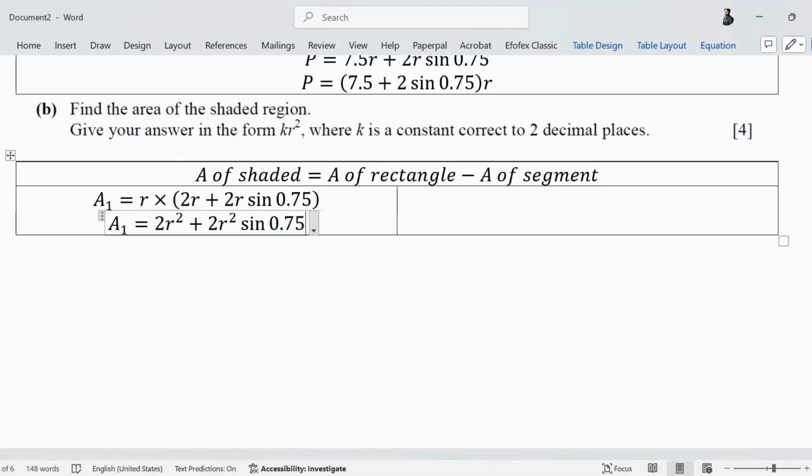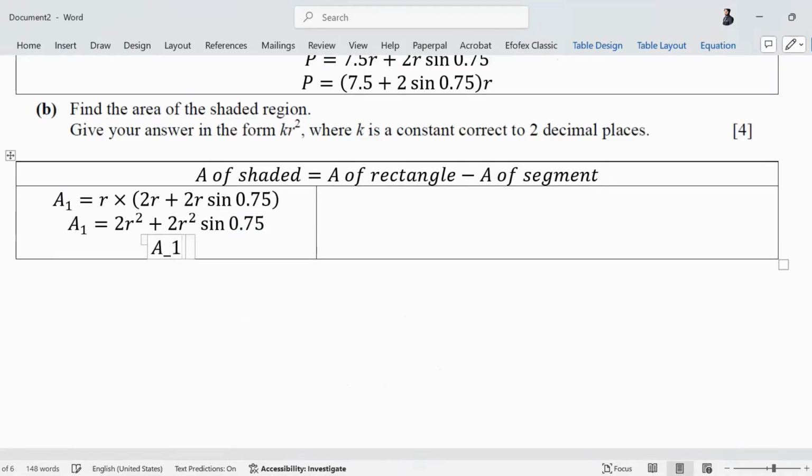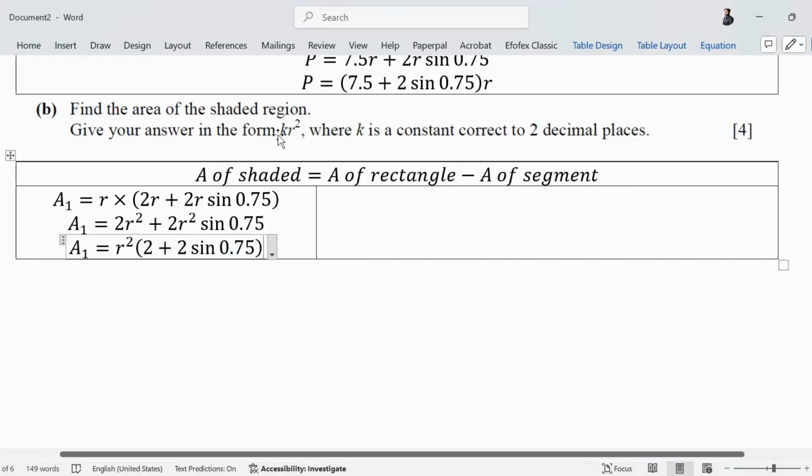Is that right? This is the area of the rectangle. I can take R squared common, so 2 plus 2 sine 0.75, because the final answer is needed in the form K R squared. You are right, we can take 2 common as well. What about the segment?